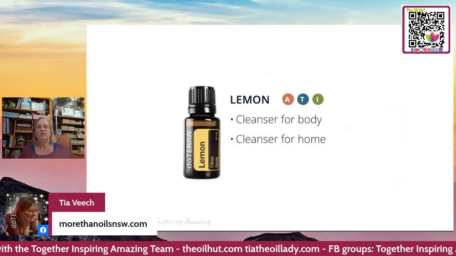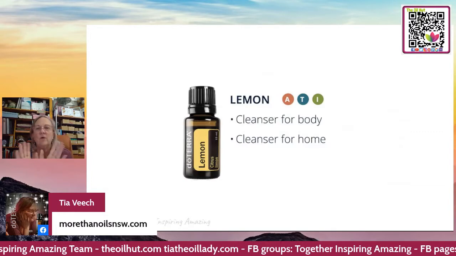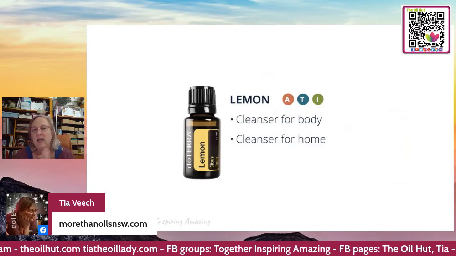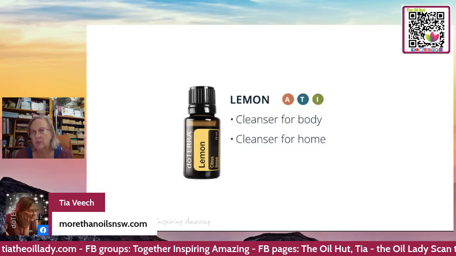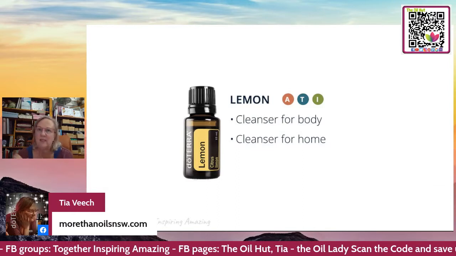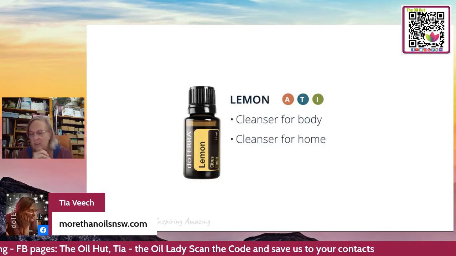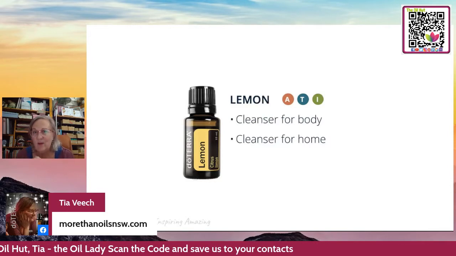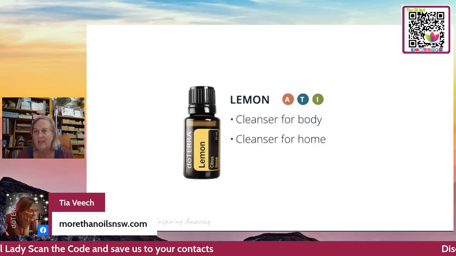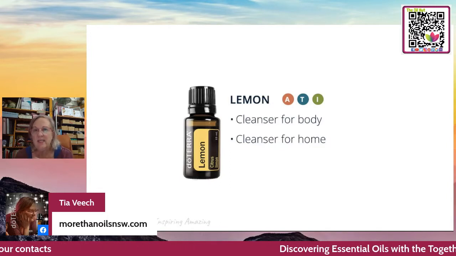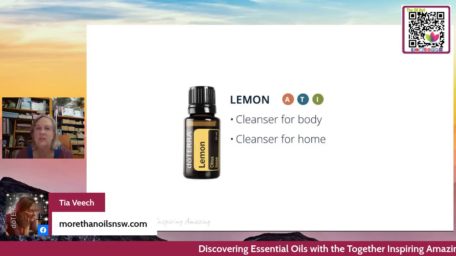Okay, let's go through a few of the oils. Now, the bulk of the oils that we're going to talk about tonight are in the Home Essentials Kit and the Family Essentials Kit. These 10 or so oils are, if you are being proactive about your health and about your choices, oils that you will have in your house.